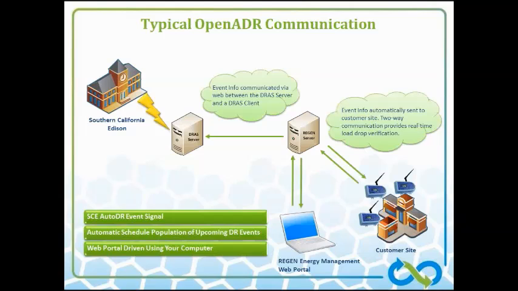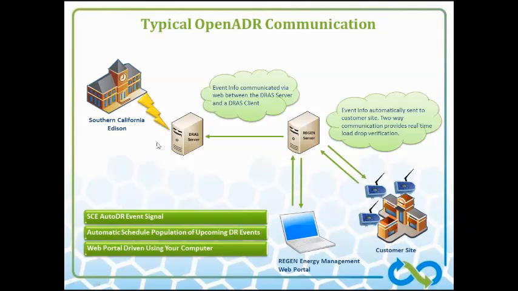To give you a simple view of how the OpenADR communication works, which is the backbone of the AutoDR programs and incentives, here is this simple graph. We are using Southern California Edison as an example.